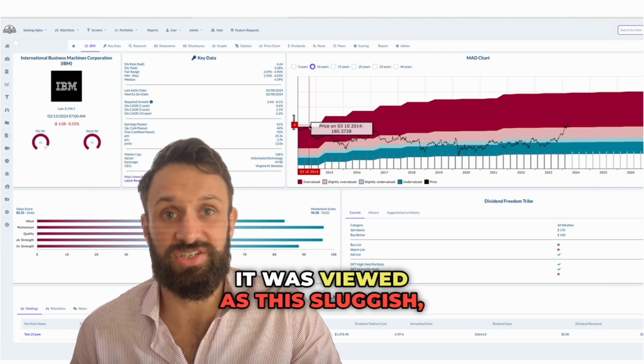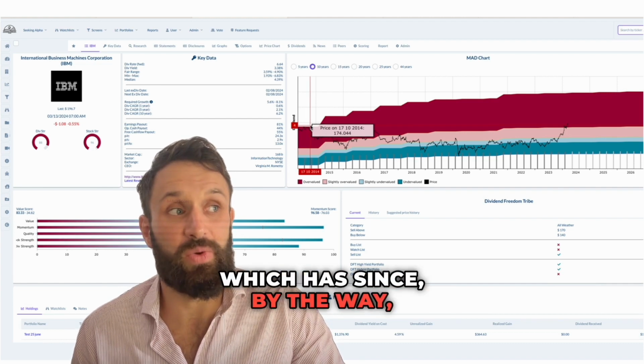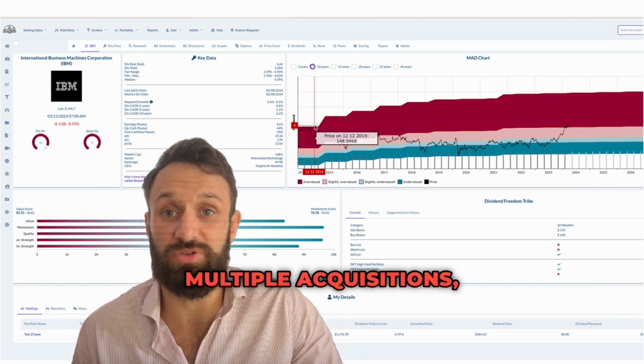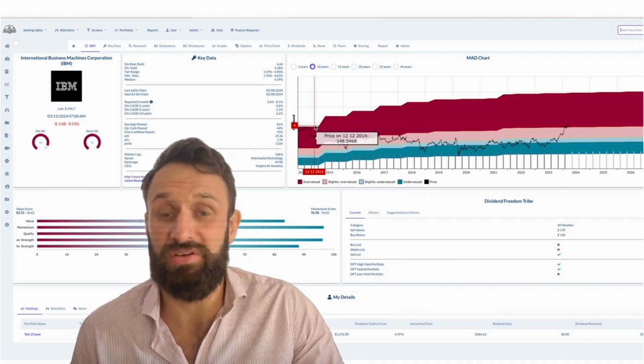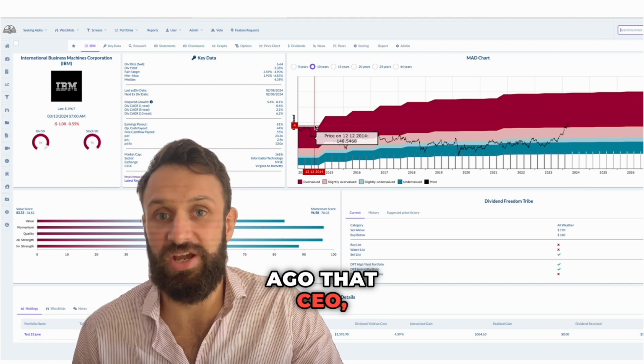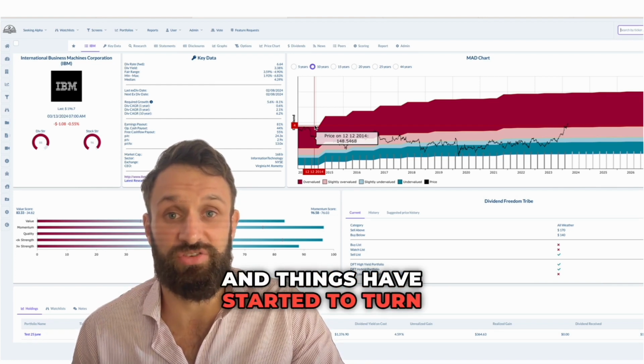It was viewed as this sluggish, big mega corporation, which has since, by the way, gone through multiple spin-offs and multiple acquisitions, including the Red Hat acquisition. They finally kicked out that CEO a few years ago, who was just no good for the company, and things have started to turn around.